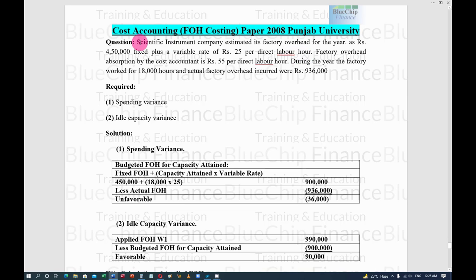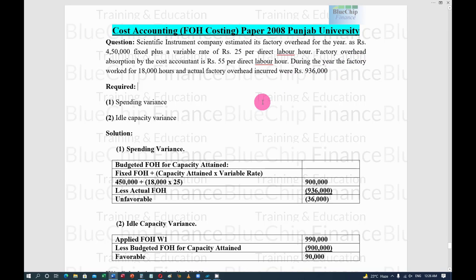So from here we are going to extract our data: estimated factory overhead for the year is rupees 450,000 fixed plus a variable rate of rupees 25 per direct labor hour, and factory overhead absorption by the cost accountant is rupees 55 per direct labor hour, and during the year the factory worked for 18,000 hours, so that is capacity attained, and actual factory overhead or actual FOH is 936,000.